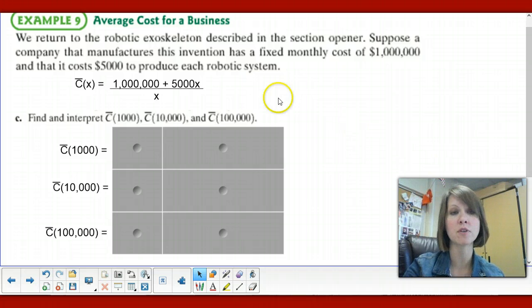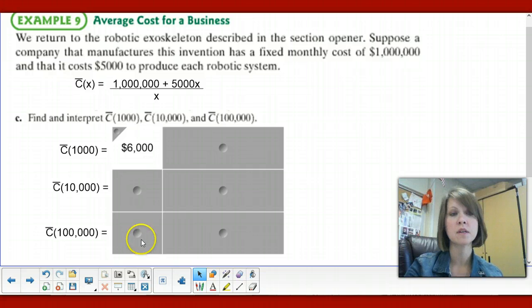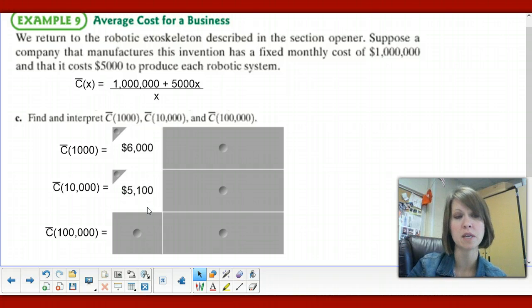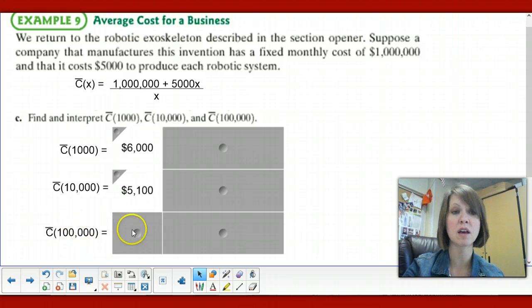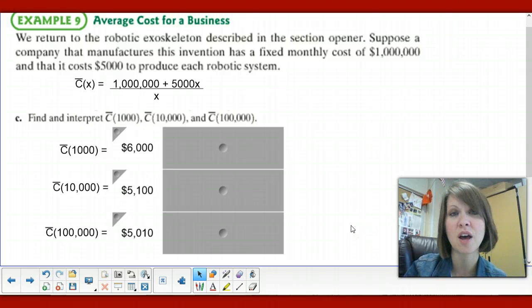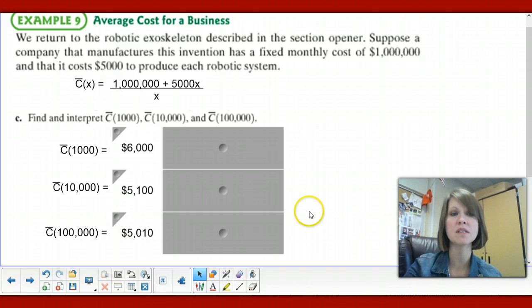We have our average cost function, and we're just going to be substituting those numbers in. So the average cost of 1,000 units is $6,000 a piece. The average cost for 10,000 units would cost a company $5,100 a piece, and the average cost for 100,000 units will cost a company $5,010 a piece.